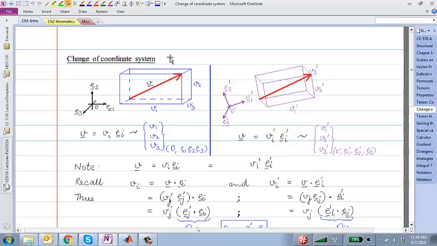They do not depend upon the choice of coordinate system. Each one of you could have your own independent coordinate system and be describing the same physical quantity.